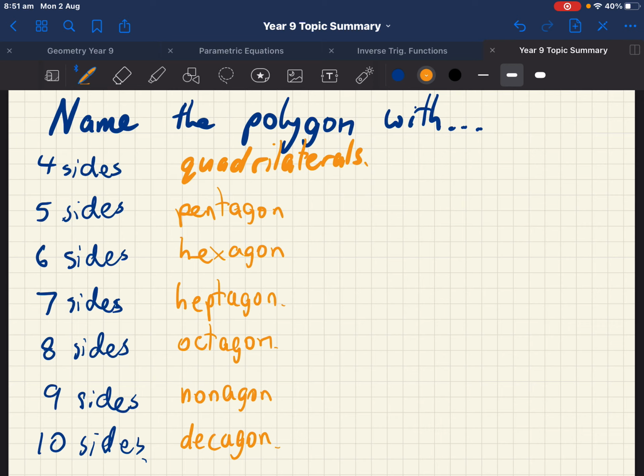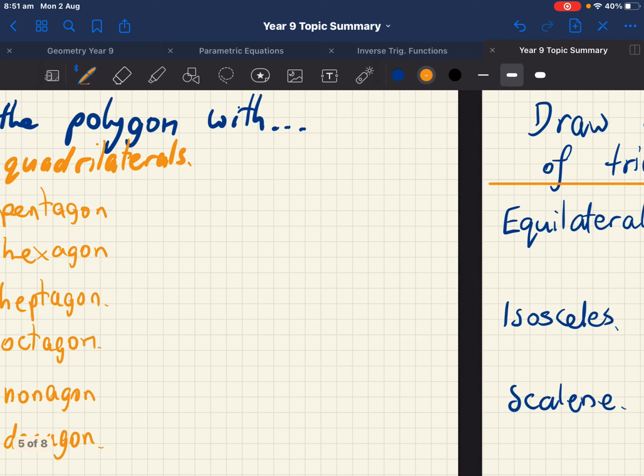For those that are curious, 11 sides is an undecagon, or if you're looking at something American, they might call it a hendecagon, and 12 sides is a dodecagon. That's actually as high up as I know. I'm pretty sure there's names for higher numbers, but yeah, you guys need to go up to the decagon.